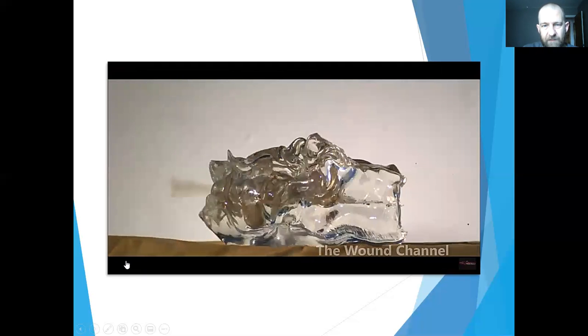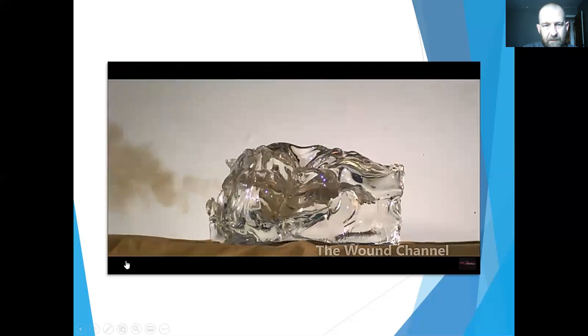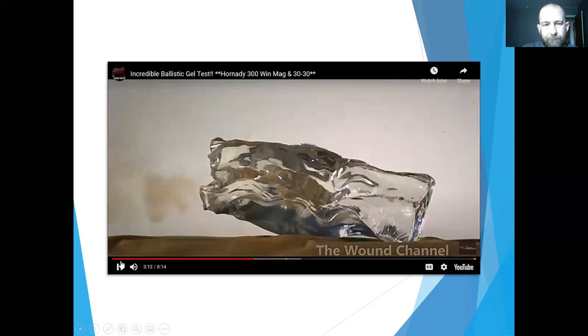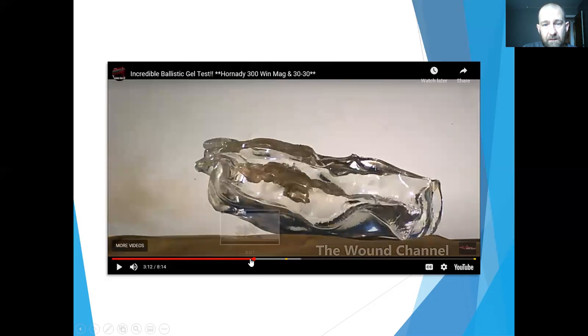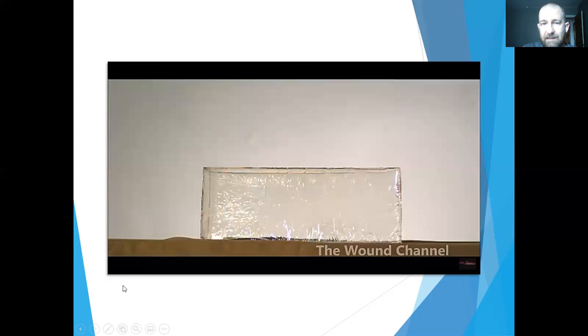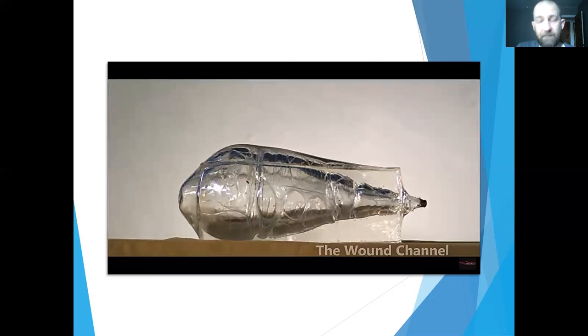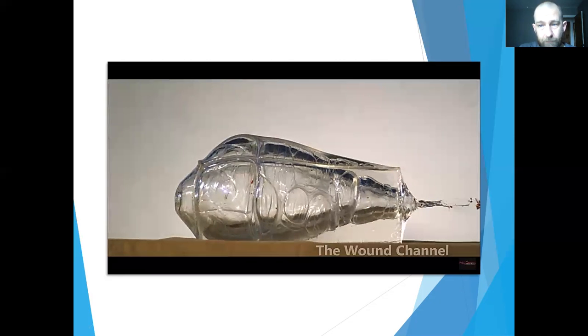There you go. So that's cavitation. When a high velocity bullet goes through somebody, this is what's happening inside the body. It's not just that little channel that the bullet travels through.